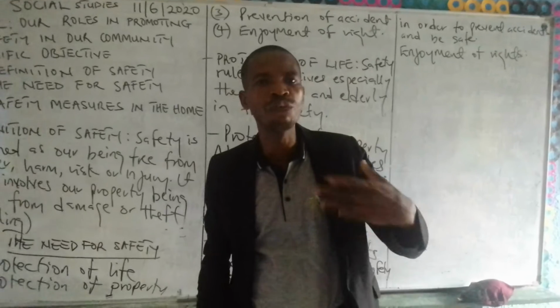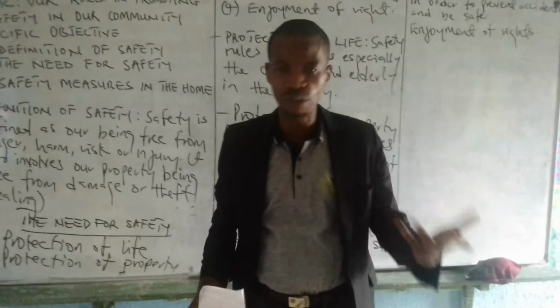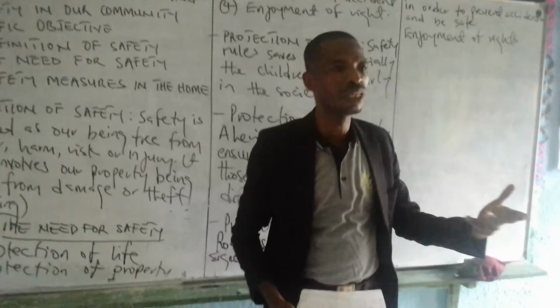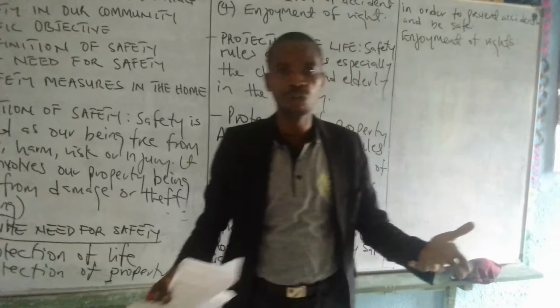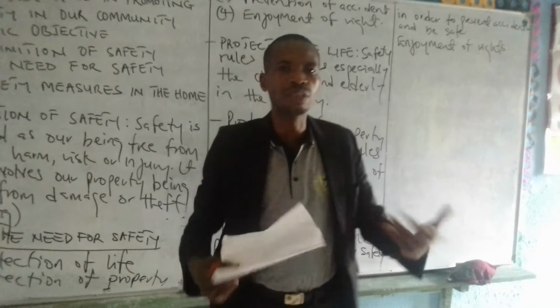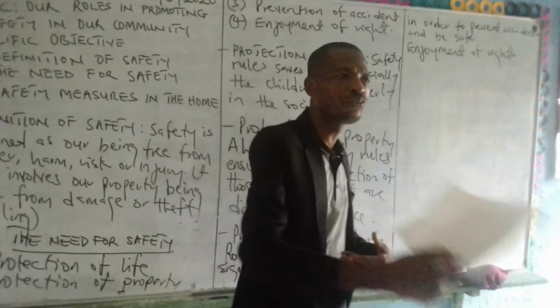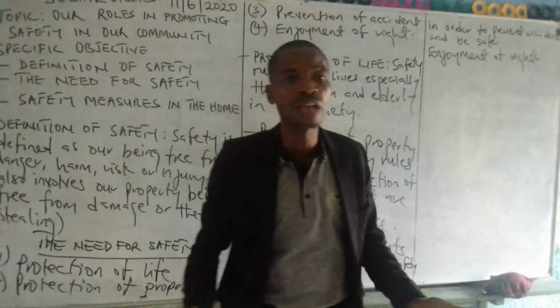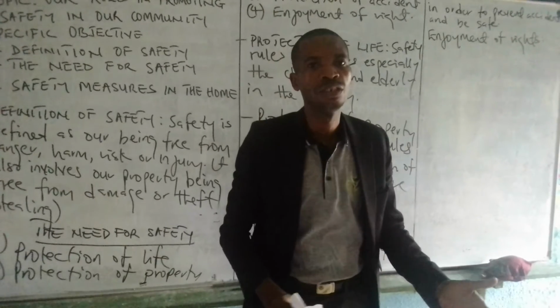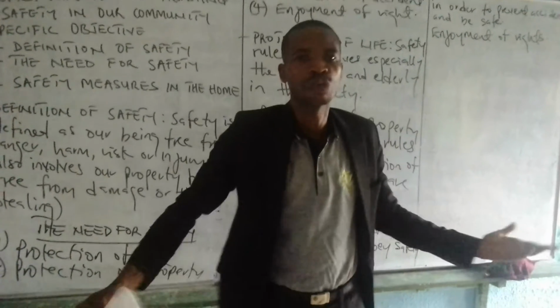If you don't follow safety rules, for instance, what is happening currently, this COVID-19 pandemic, people are told to stay safe, stay at home. When you stay at home, you cannot move about, and even moving about, you must observe what we call social distance. You don't have that social right again.